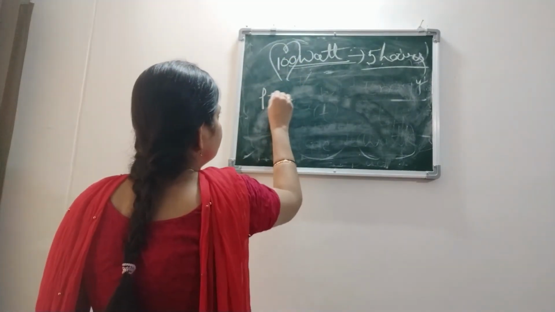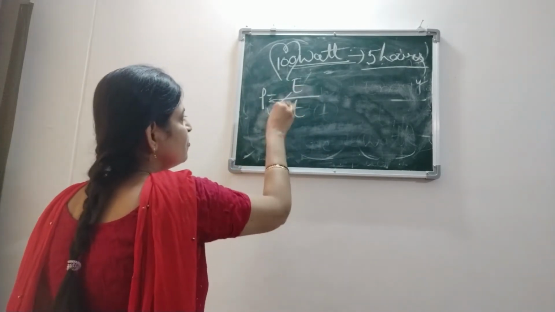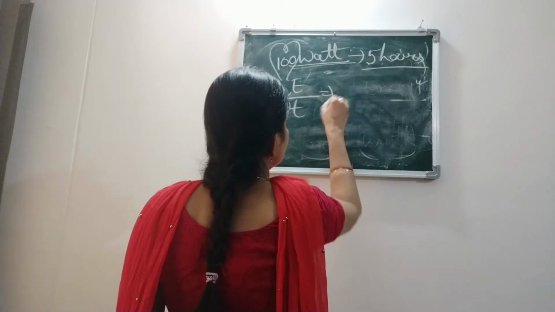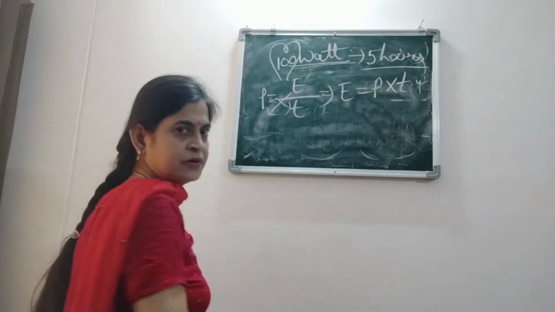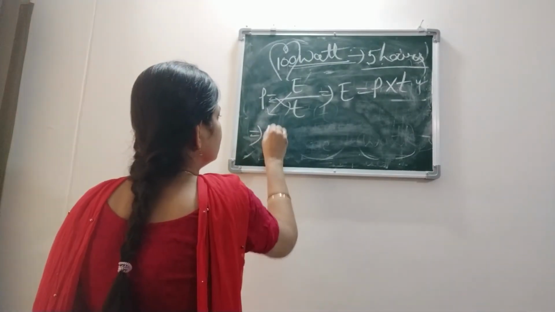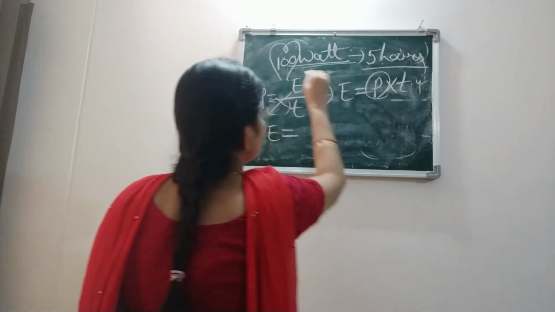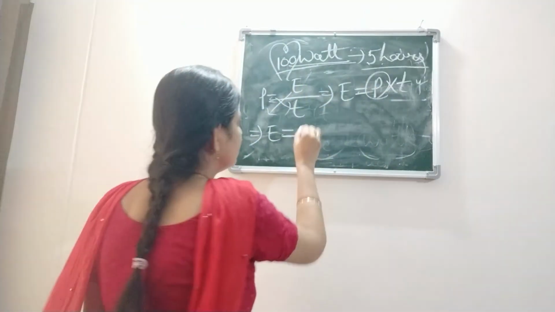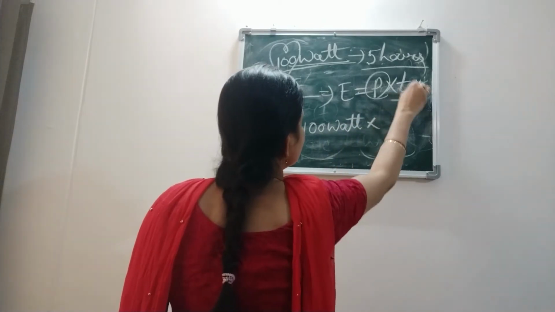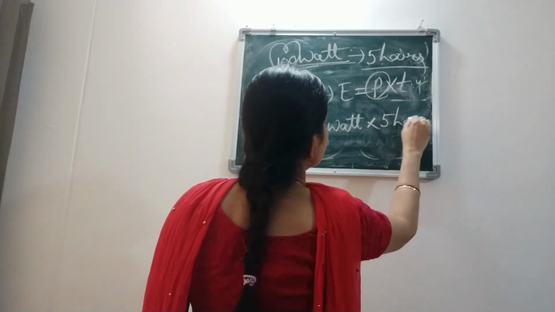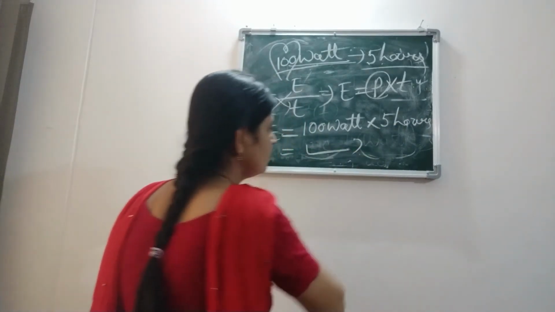So P is equal to W by T or E by T. If you cross multiply, then we can write down E is equal to P into T, or E is equal to, now you can put the value of P, that is equal to 100 watt and time, which is 5 hours. So you can find out the energy is equal to how much.